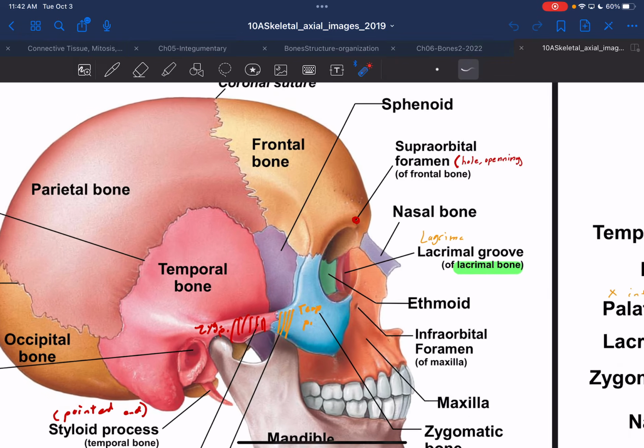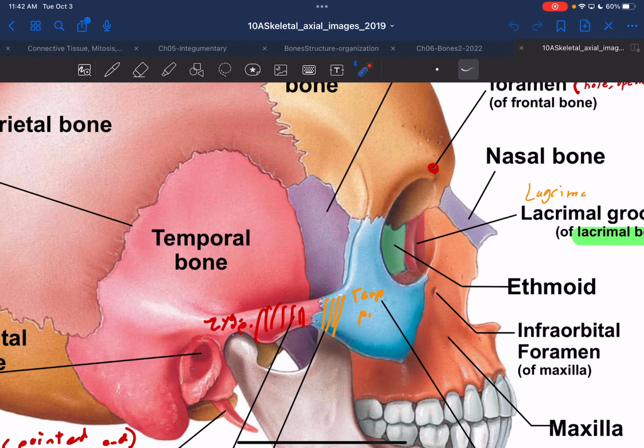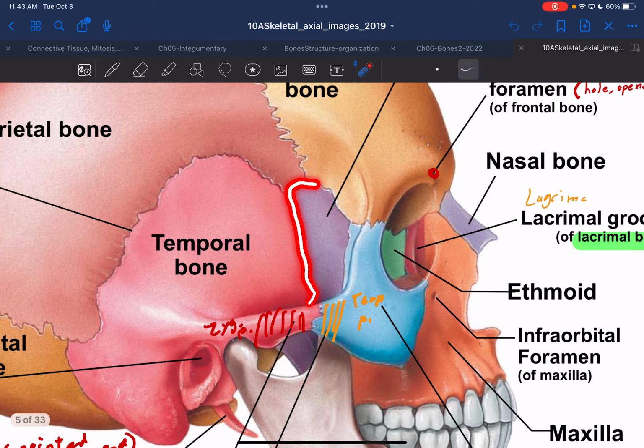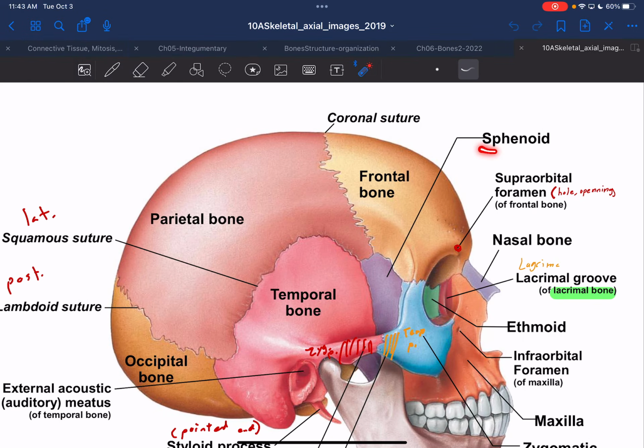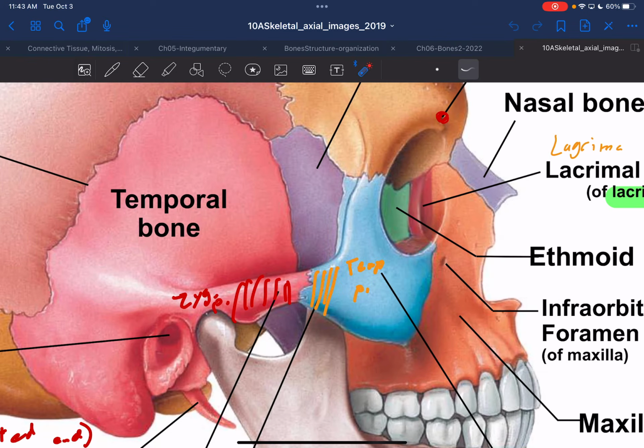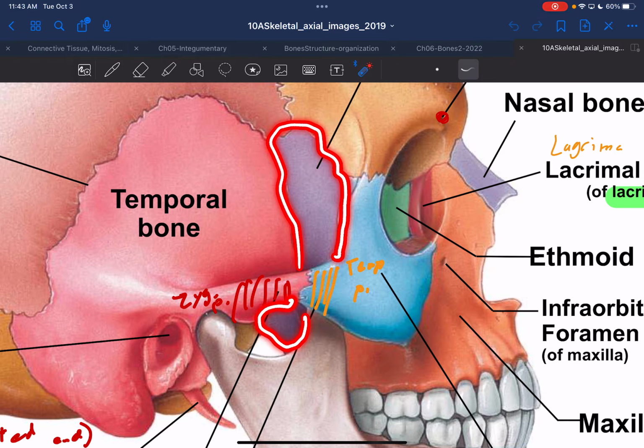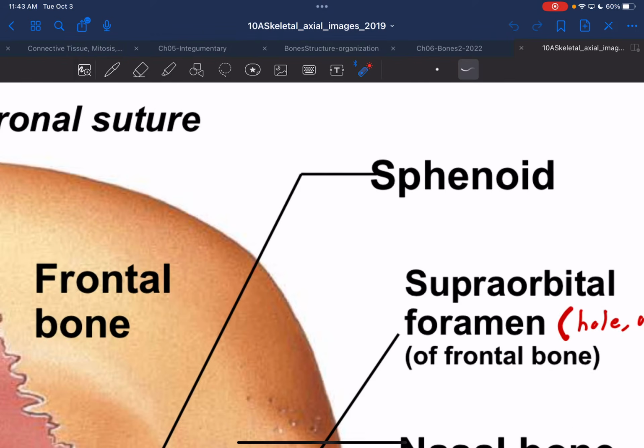And as we look at this segment now, you'll see that there's this bone that embeds itself in the very center here called the sphenoid bone. This sphenoid bone is going to be embedded in between all these bones. It is one of the most difficult bones to see, and I only want you to start getting used to seeing it.